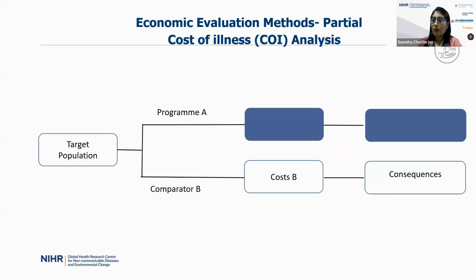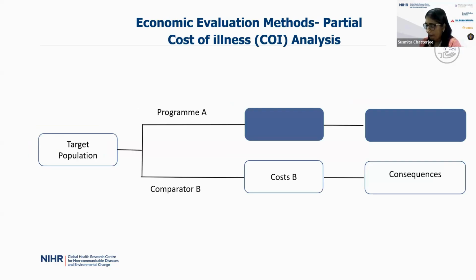There is another method, which is the cost of illness analysis. Now, this cost of illness analysis doesn't have to do anything with a new program. It can be done with any ongoing program or anything. But basically, this is disease specific.